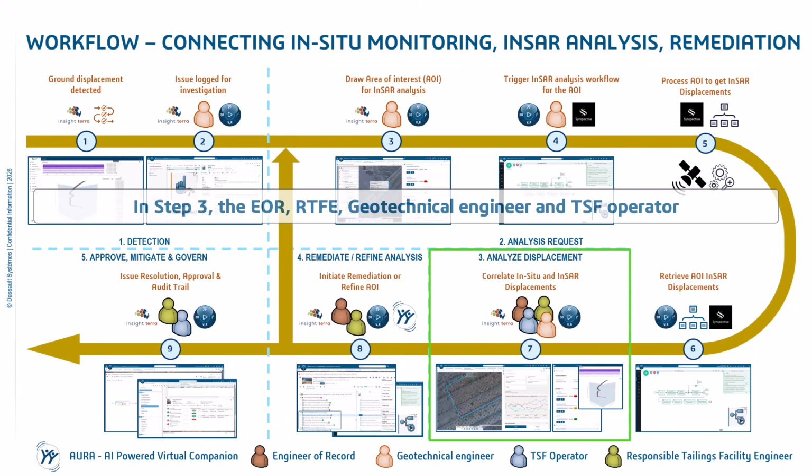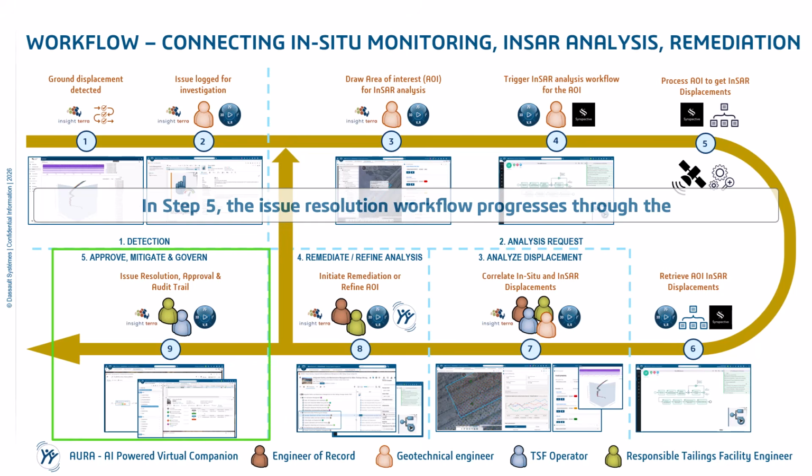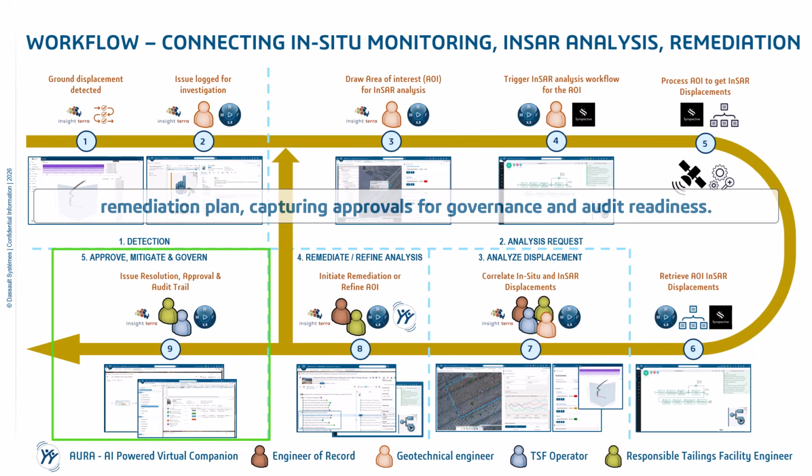In Step 3, the EOR, RTFE, geotechnical engineer, and TSF operator correlate and analyze the in-situ monitoring and INSAR results. In Step 4, based on the analysis, the team either initiates a remediation plan or refines the AOI for further INSAR analysis. In Step 5, the issue resolution workflow progresses through the remediation plan, capturing approvals for governance and audit readiness.